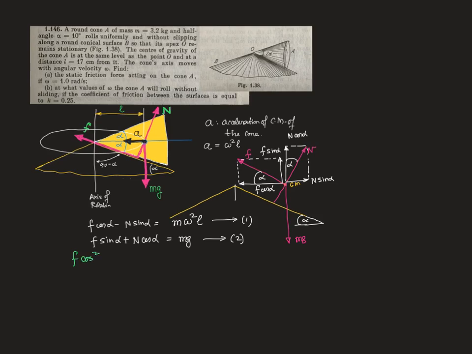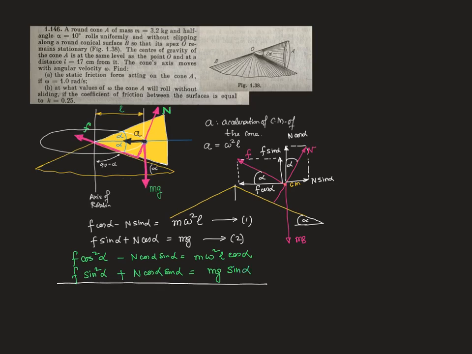Equation 1 by cos alpha: F cos square alpha minus N cos alpha sin alpha is equal to m omega square L times cos alpha, and equation 2 by sin alpha: F sin square alpha plus N cos alpha sin alpha is equal to mg times sin alpha.